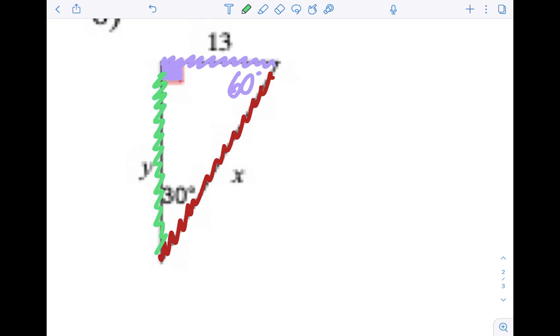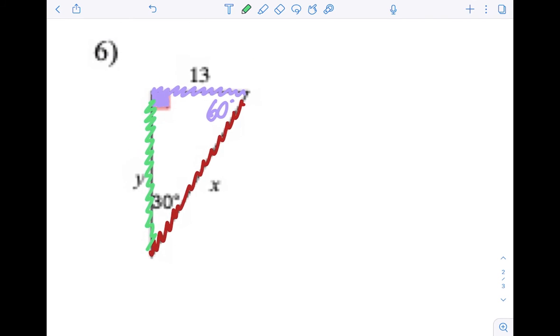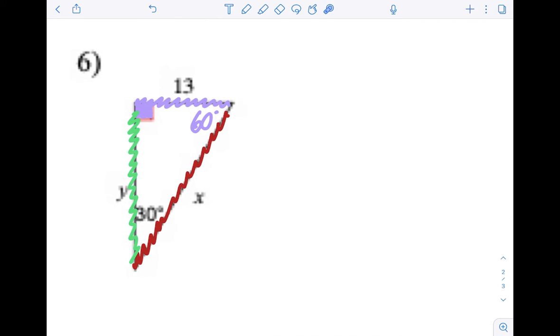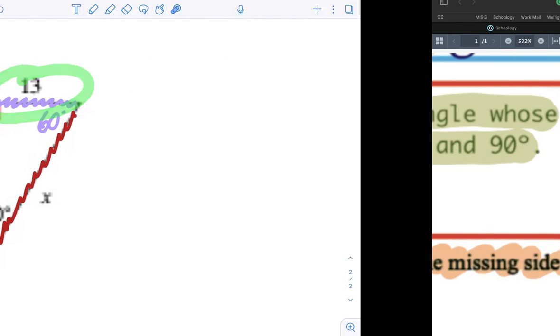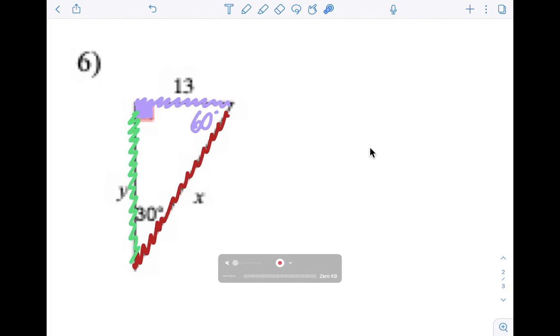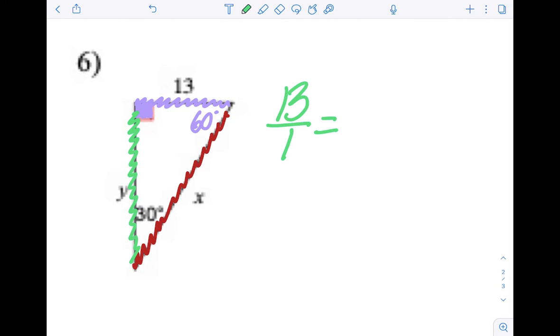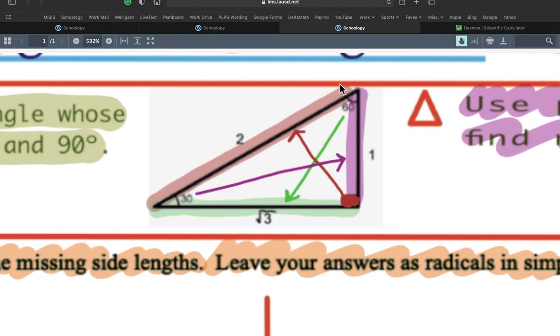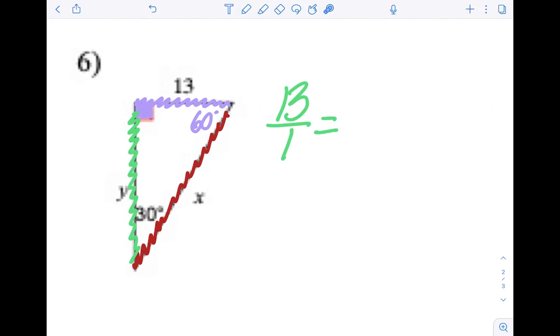Okay, so let's start to compare stuff. So let's go purple to purple. Purple to purple was 13 over 1. All right, so let's go 13 over 1 is equal to, let's go red to red, x over 2.